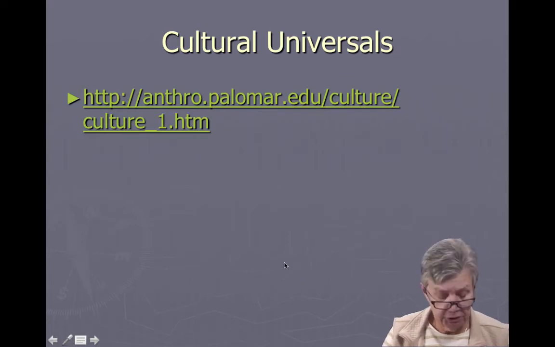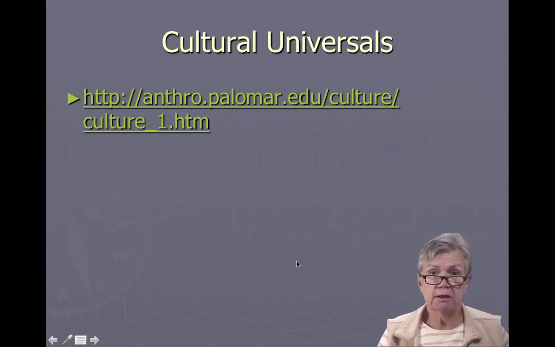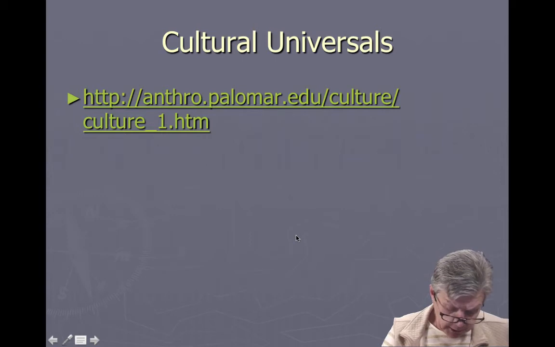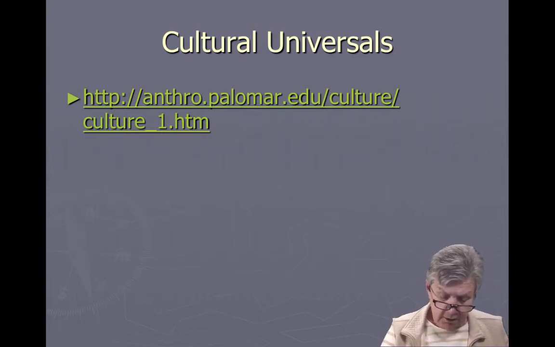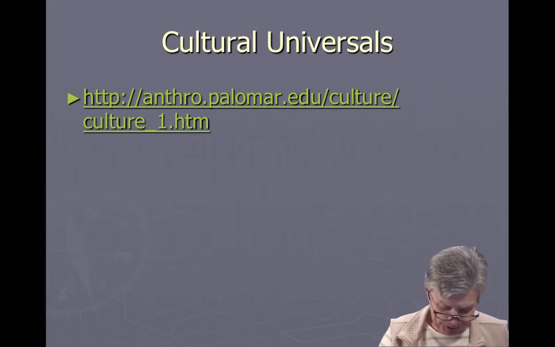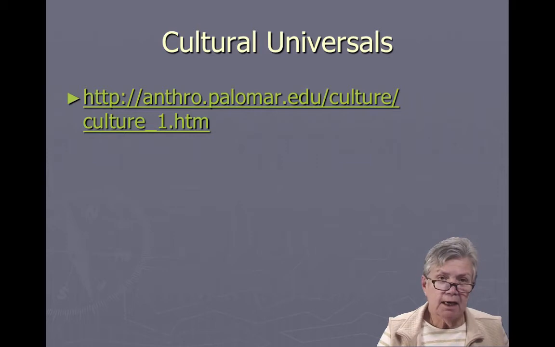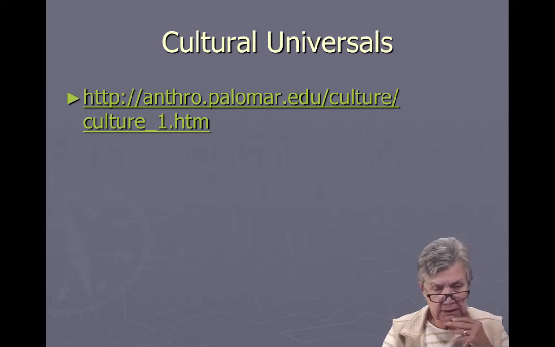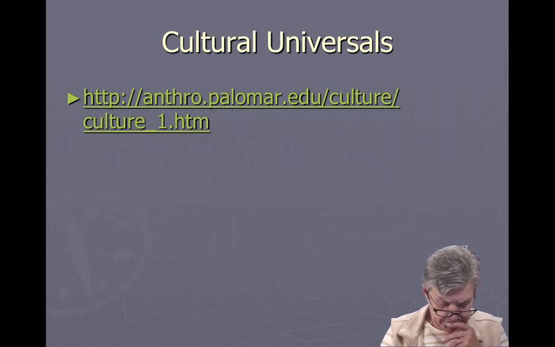I'm not sure I'm going to open this up now, but I urge you to open this site up. It's a short paper, and I'd like you to read it on culture. Of particular note, I think, are the list of cultural universals. And among them, I just picked out about 5 of them from the list at this site.